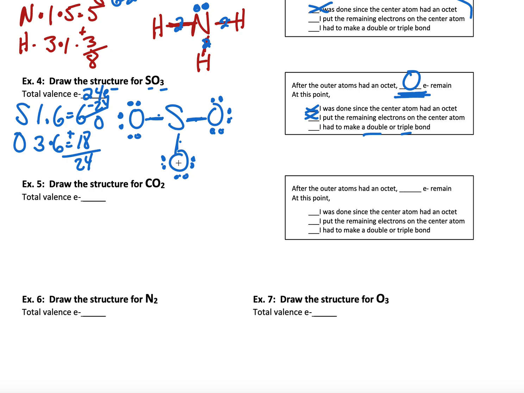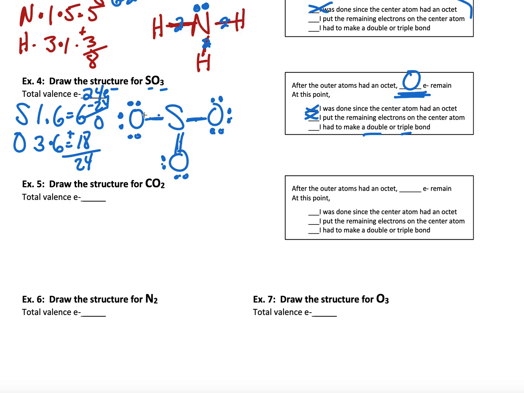And this sulfur is going to look at that oxygen and say, hey, you got 6 that you're not sharing with me. You're only sharing 2. Is there any chance you could share more than 2? So little oxygen says, sure, I'll share this set. It doesn't really matter which set you pick. But this set is no longer going to be just around this oxygen. Instead, it's going to be a double bond. So I'm going to actually erase this set right there.